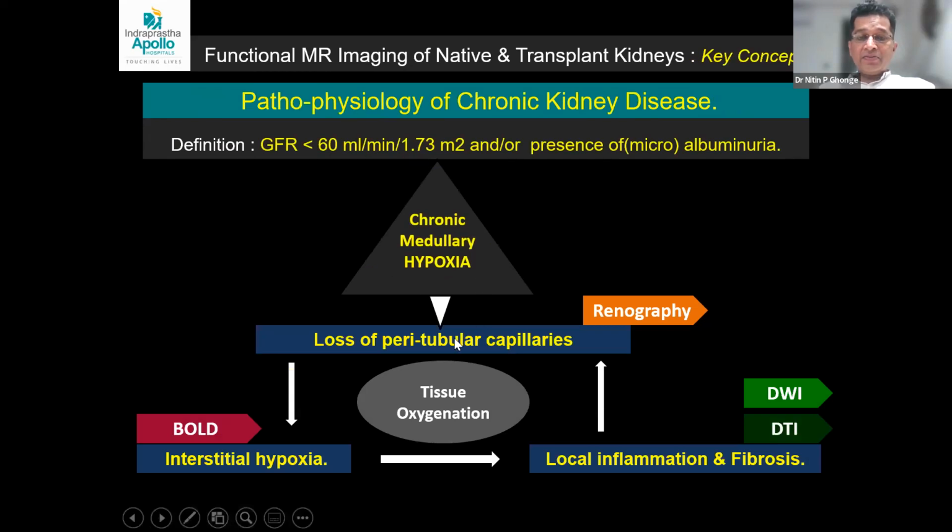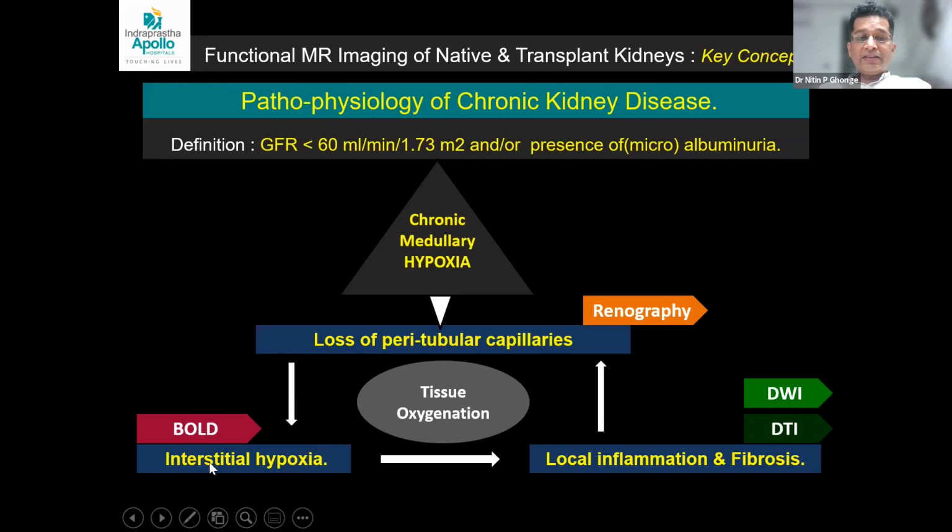So this is the pathophysiology of chronic kidney disease. Chronic medullary hypoxia leads to loss of peritubular capillaries, which in turn leads to interstitial hypoxia and local inflammation and fibrosis. So these different components of tissue hypoxia in chronic kidney disease have one important central feature, that is tissue oxygenation.